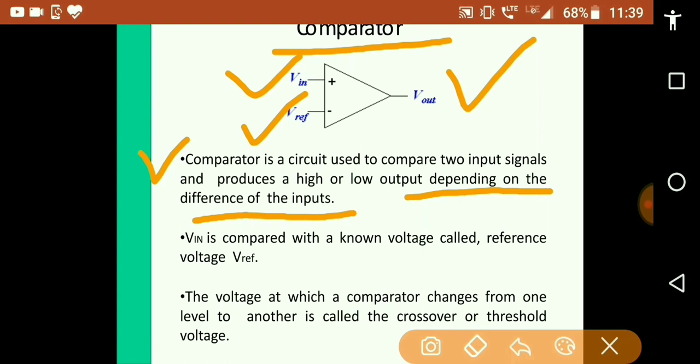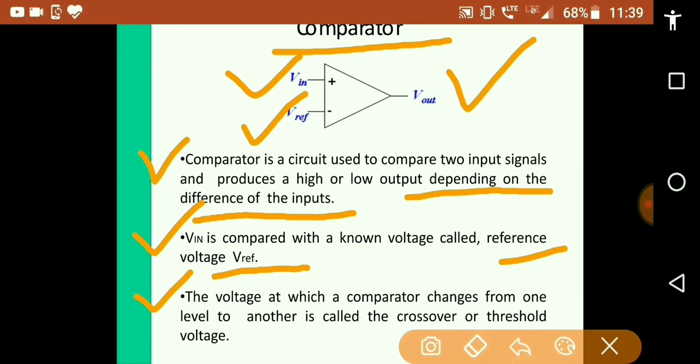Next, when V in is compared with a known voltage, it is called the reference voltage, V reference. The voltage at which the comparator changes from one level to another is called the crossover or threshold voltage. So this is the basic introduction of the comparator.